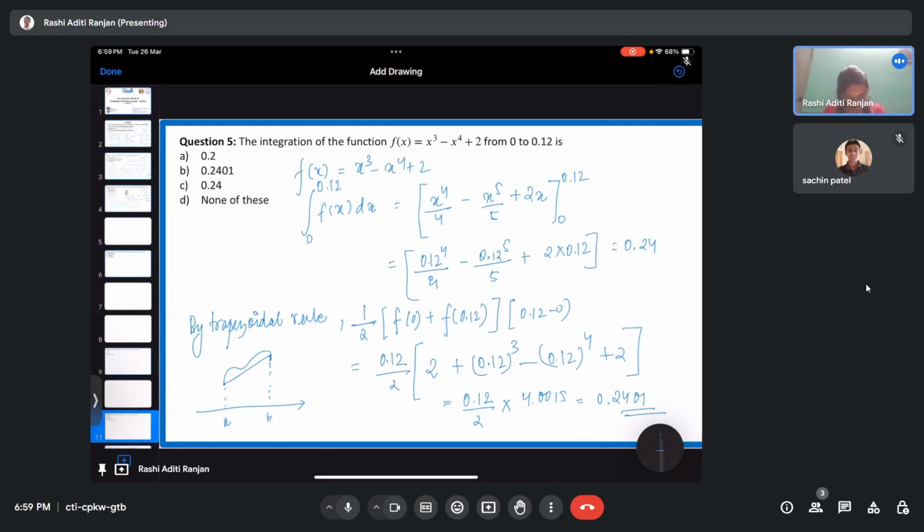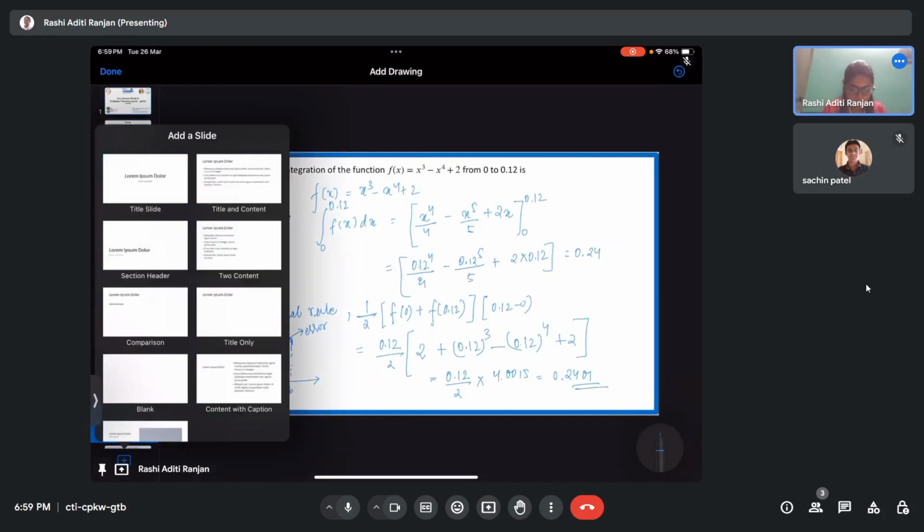So you can see over here, this portion is essentially my error. However, the error is very small over here because my limit of integration is very small.